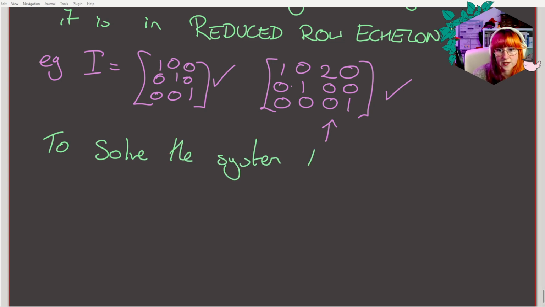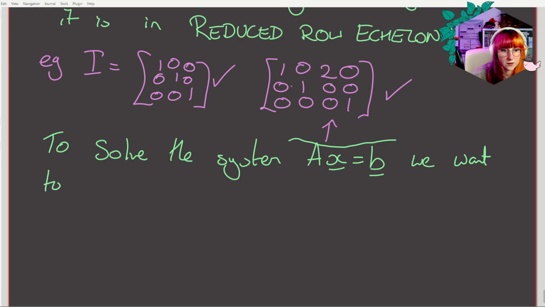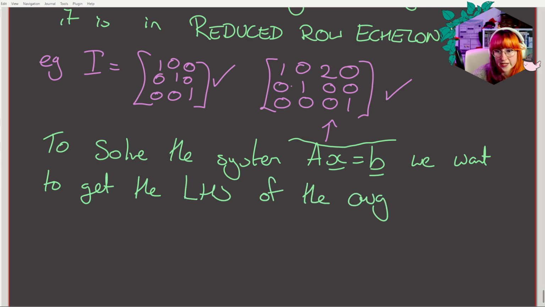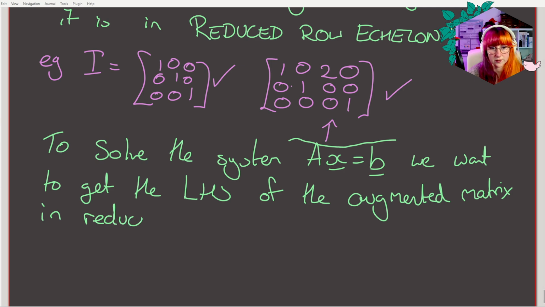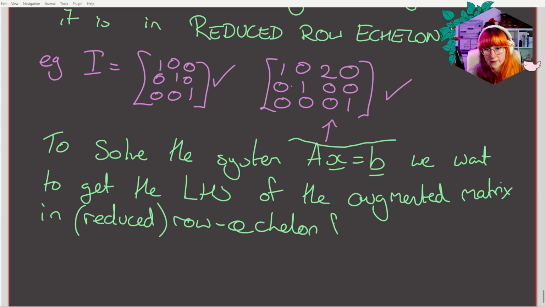So to solve the system AX equals B, we want to get the left-hand side of the augmented matrix in reduced echelon form.